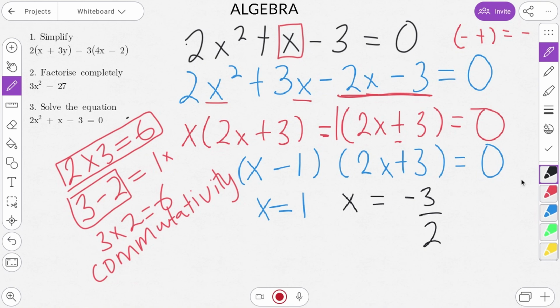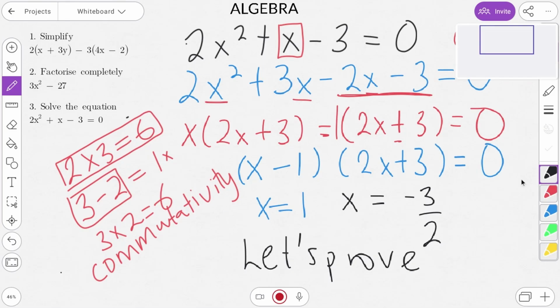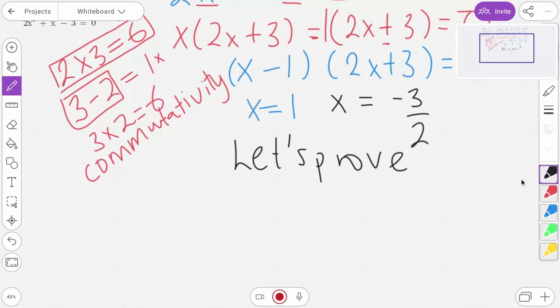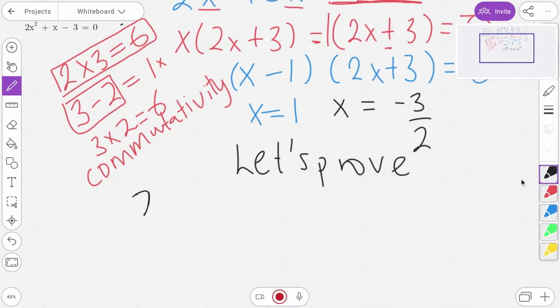Alright. At least I like proving stuff when we are done. So let's prove this, to ensure that we have the correct answers. Now the expression is 2x squared plus x minus 3, as given to us in the question.